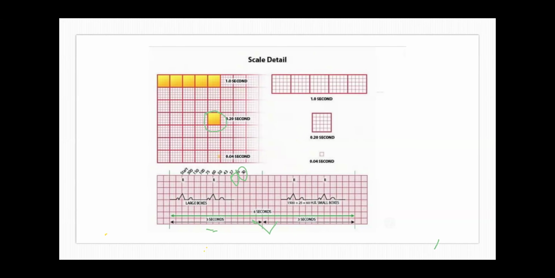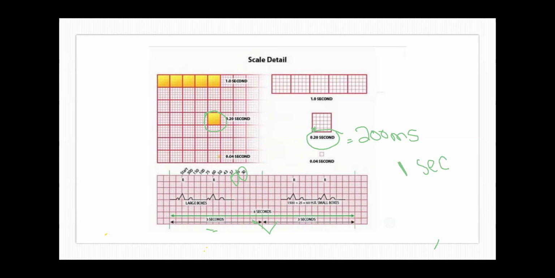One large box. This is the one large box. It contains 5 small boxes. 5 small boxes is equal to 0.20 seconds, or you can say 200 milliseconds. The thing is the same. So for 1 second, how many boxes should you have in your ECG?